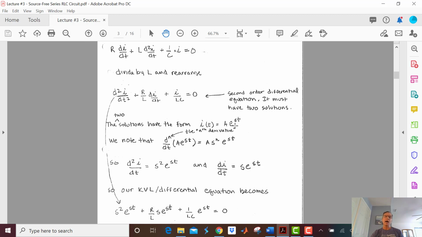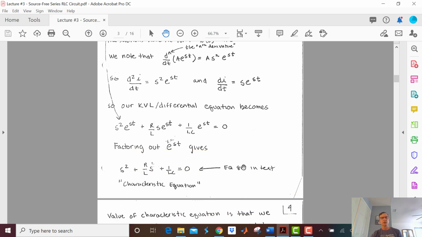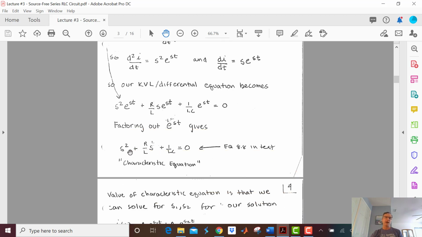So I want to find s for a particular system. And I know that I'm going to get two values of s because we have two solutions. Two values of s looks like a quadratic equation to me. We can solve that, so I can get those two values of s without even caring about what the initial conditions are.